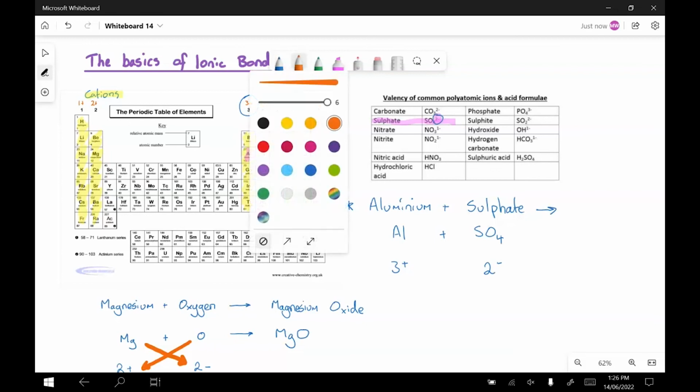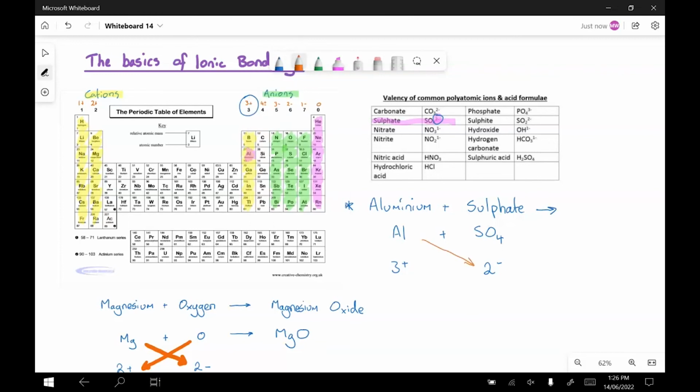And what we'll do is we will cross those over like we did in the first example. So when we go to write this out, we end up with aluminium with a 2 instead when we crossed over, and then sulfate with a 3.